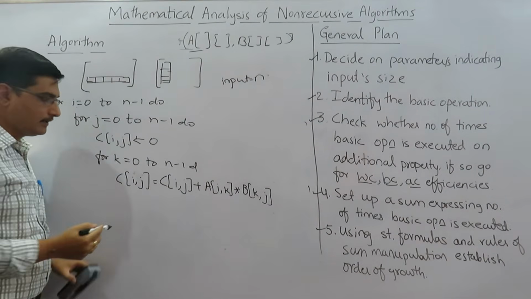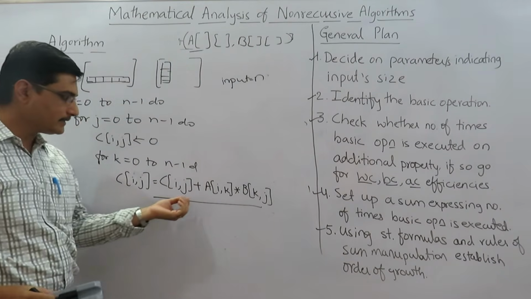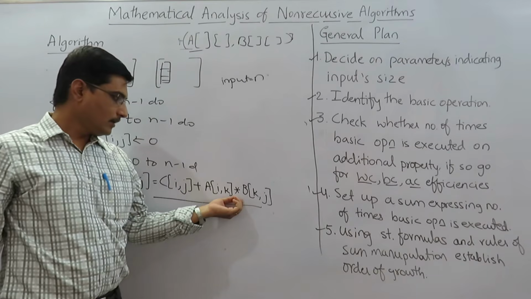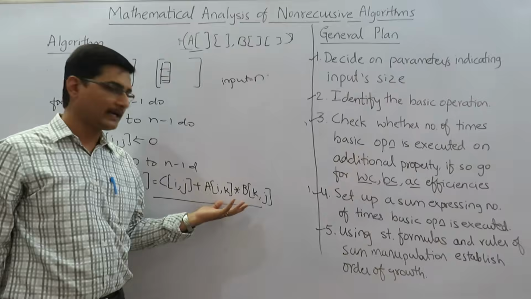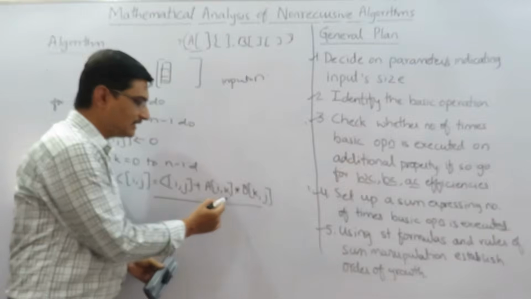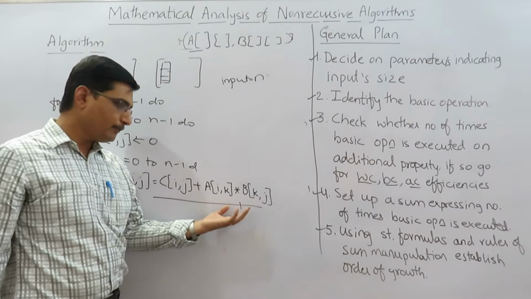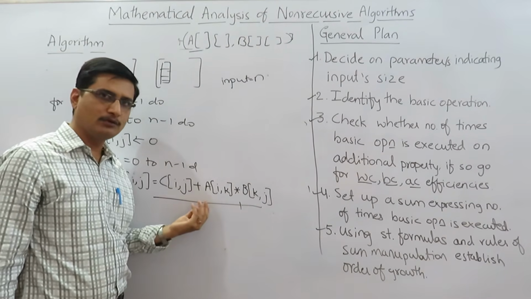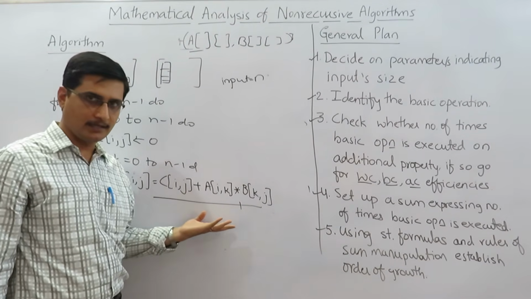the basic operation here. In this one there are two operations. One is addition and the other one is multiplication. Assuming that multiplication will take more time on any computer, we can take multiplication as the basic operation. Or if we are able to set up a sum for multiplication, the same thing can be used for addition, because the number of additions and multiplications will be the same here.